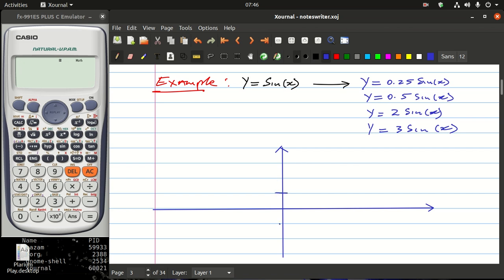This is going to be our 1, this is going to be -1. And then I'm just gonna draw this and then place the points later. So this one, I am going to say that this is 1. Let me also place a 2 there and a 3 there. -2 and a -3 there. And then this is going to be x in radians, this is going to be y.